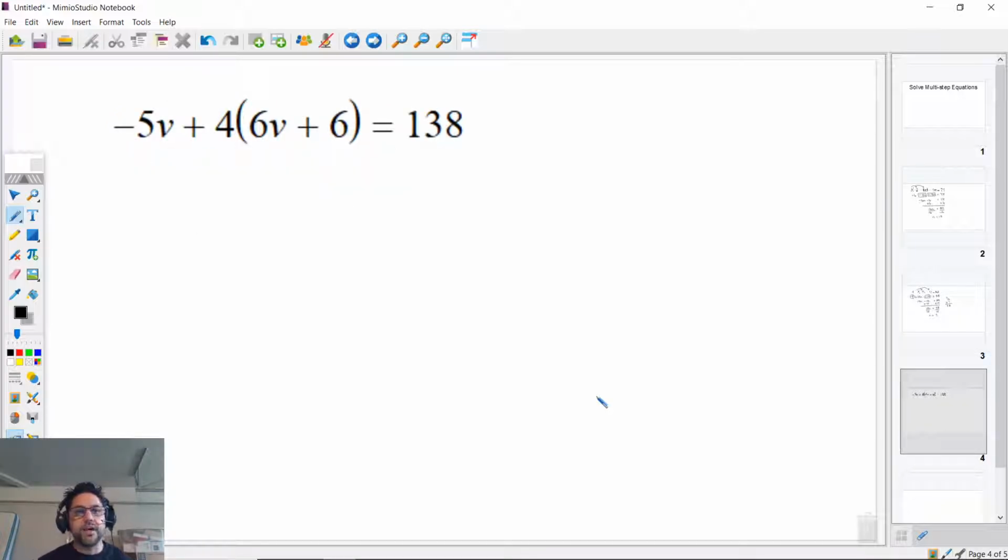All right, this one, very similar, except there's no possible mistake here because we are definitely not going to combine a variable and a number. So we've got negative 5v there. Then I've got 4 times 6v, which is 24v. And then also a 4 times a 6, which is a 24.